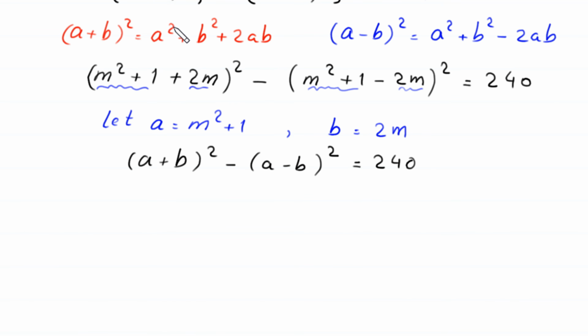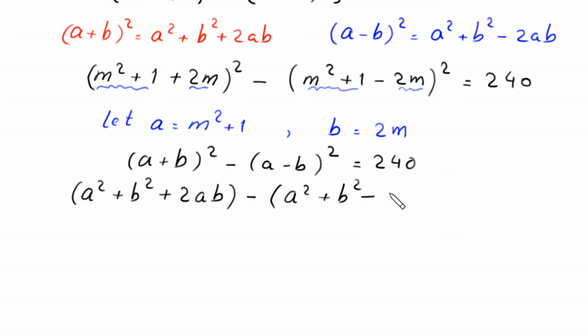Now by using this algebraic identity, this (a + b)^2 is equal to a^2 + b^2 + 2ab, minus, by using this algebraic identity, this (a - b)^2 is equal to a^2 + b^2 - 2ab, equal to 240.